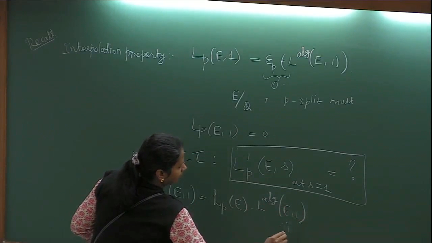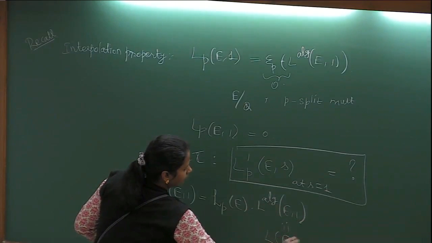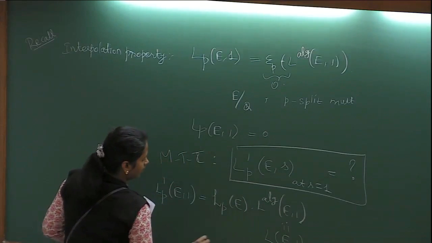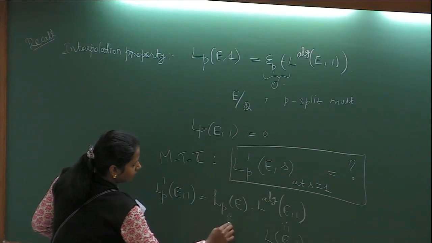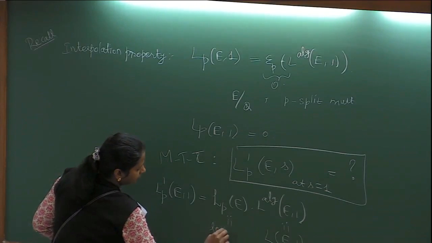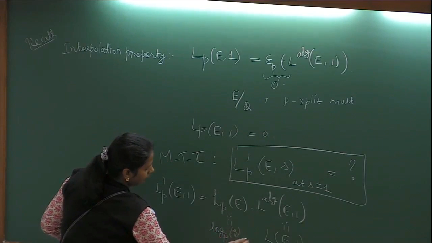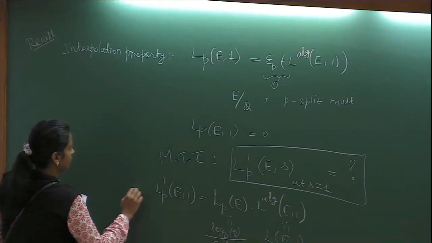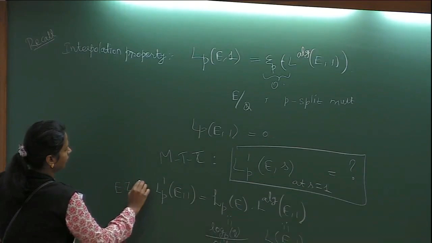This is defined by, I have to quotient out the transcendental factor, omega, the real period of E, and this is defined by... this is the exceptional zero conjecture.